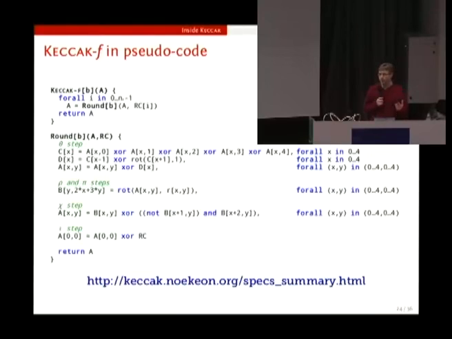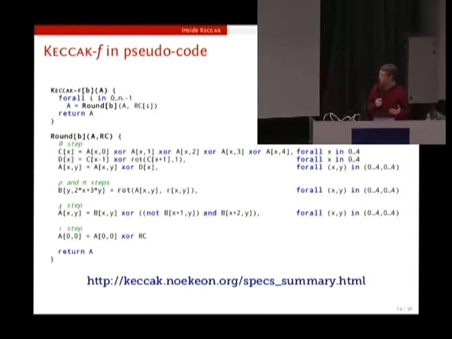I should first say that the A, B, C, and D's are arrays of, for instance, 64-bit values. Michael was speaking about a 3D state. So here we have 2 coordinates, x and y, and the z coordinate is the set of bits inside one word. So A of x, y is, for instance, 64 bits, and the z coordinate is the location of the bits inside the word.